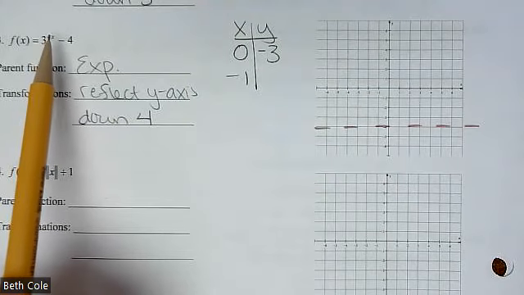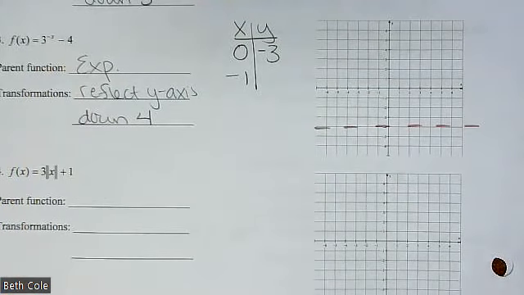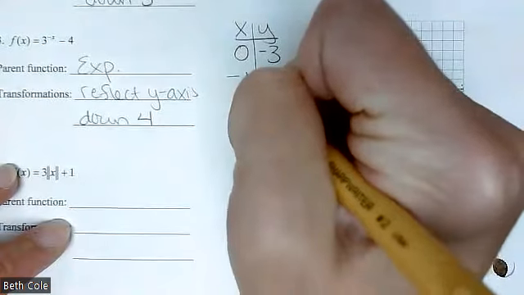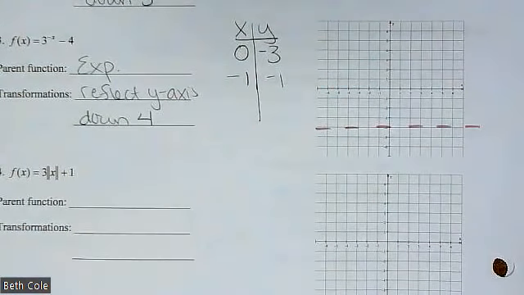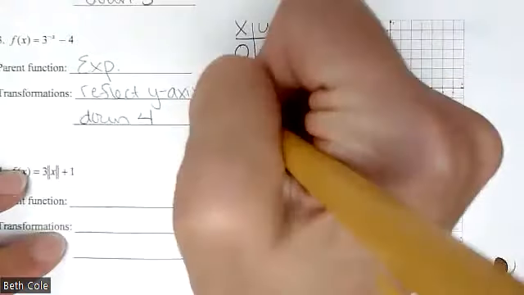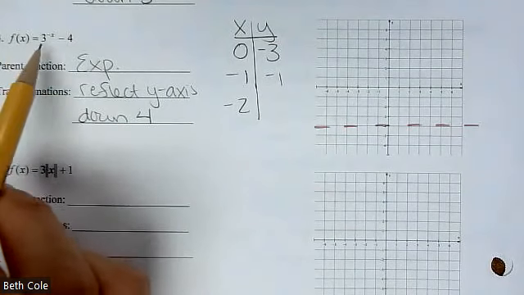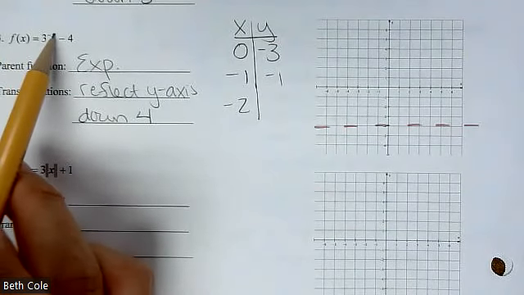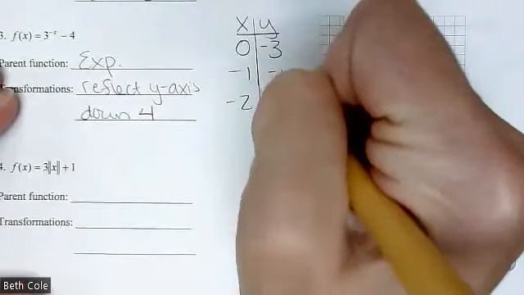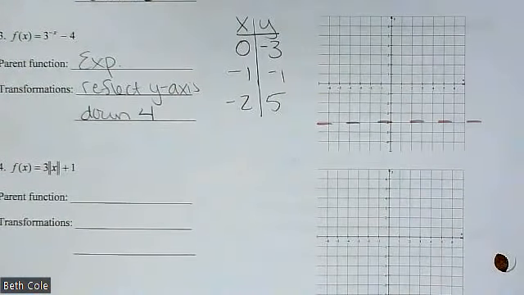3 to the first is 3, and then 3 minus 4 is -1. And then I want one more. Good, you got there. -2, just be 2. 3 squared, 9, and then 9 minus 4 is 5. When you plot those, it should swoop. It should swoop downwards instead of upwards. Because why?